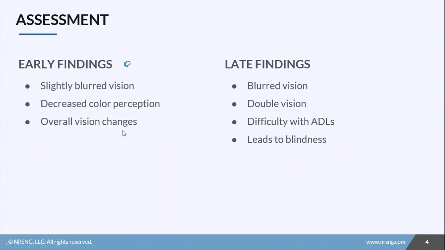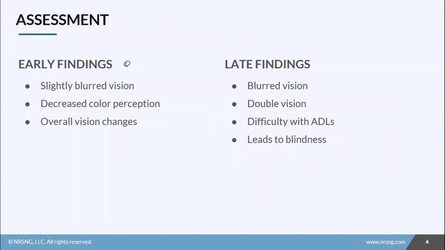Vision just continues to get worse until things like driving become unmanageable. They continue to compact and get worse, and this leads to blurred vision, double vision, difficulty with ADLs, and it can lead to blindness if untreated.